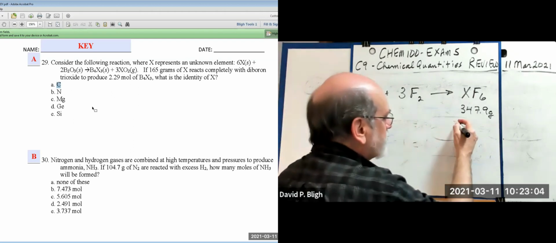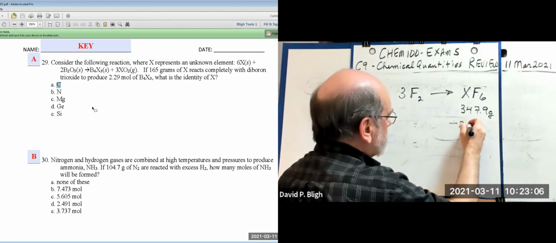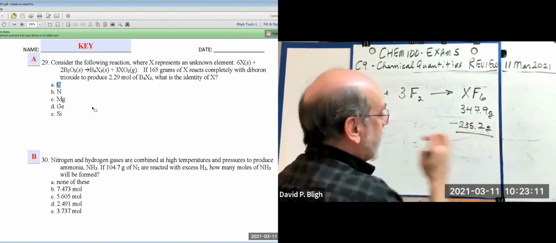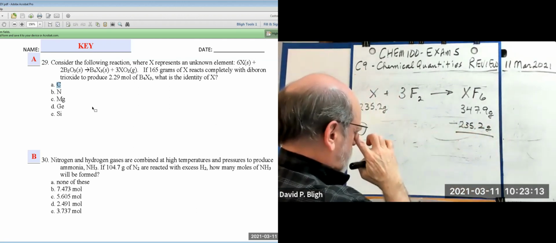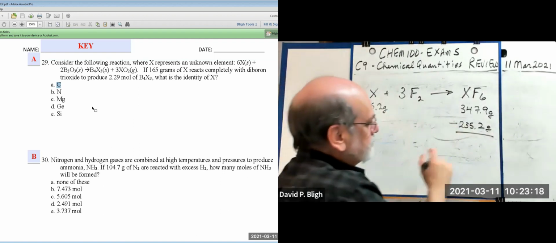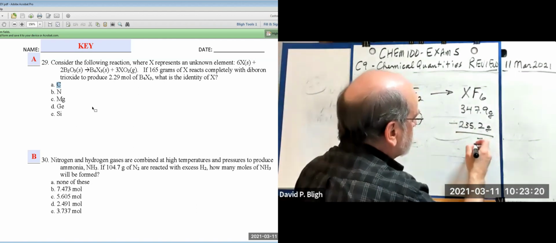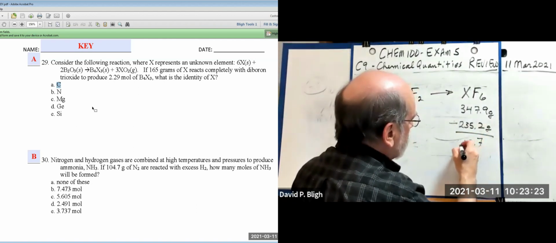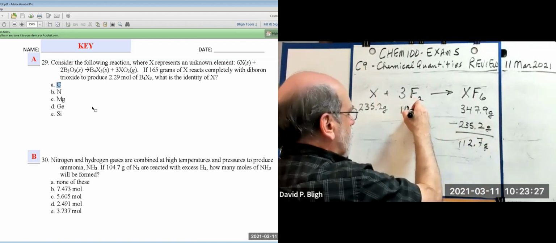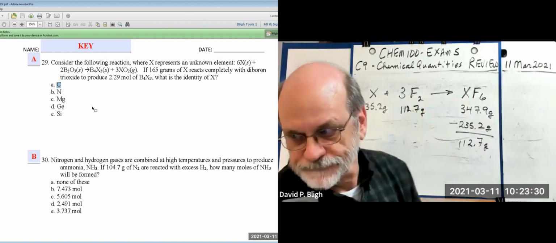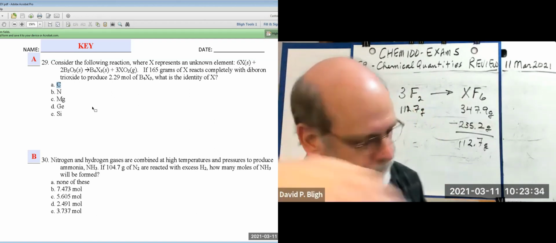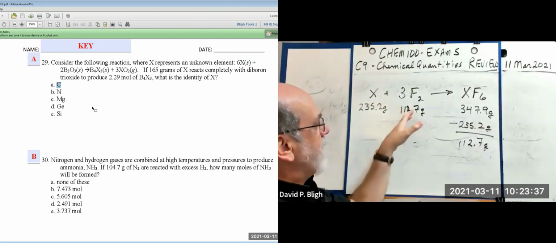So if we subtract 235.2 grams of X, then we find out what the mass of that one is. So that's 112.7 grams. So now we know the mass of fluorine.